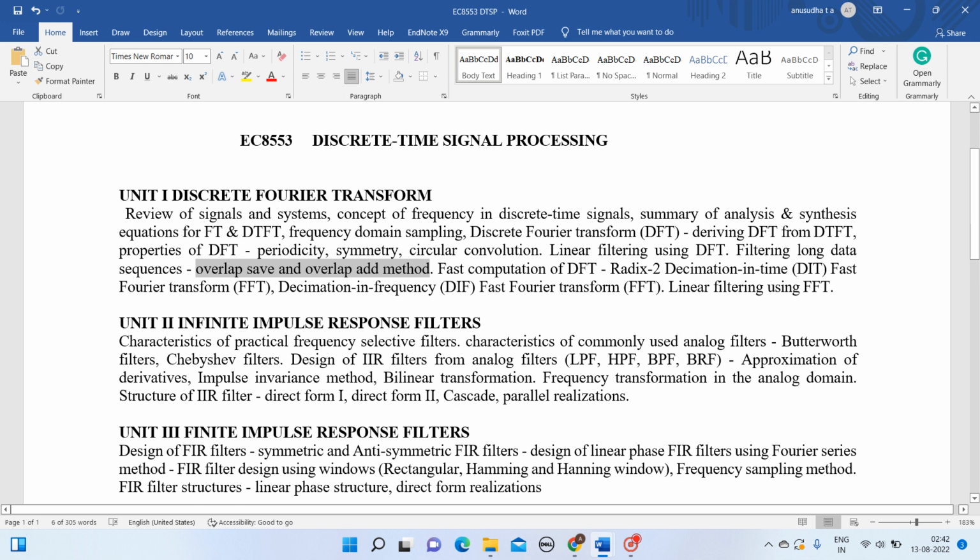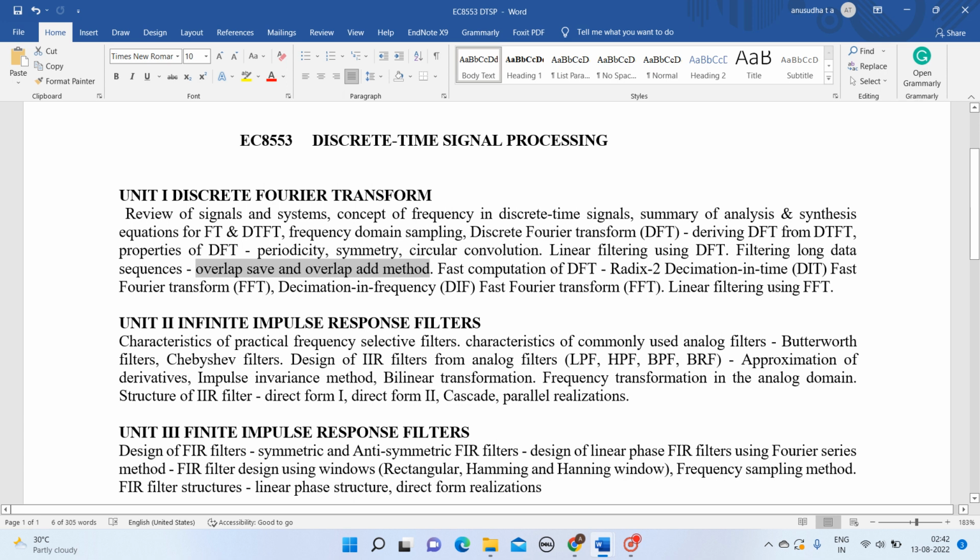And also the matrix based method. If they are not asking you to solve the DFT using the linear filtering method, you can use the matrix based method to solve the DFT. That is very, very easy, and it will consume less time to solve the problem. Otherwise, if they ask directly for the linear filtering method, you have to apply that technique only.